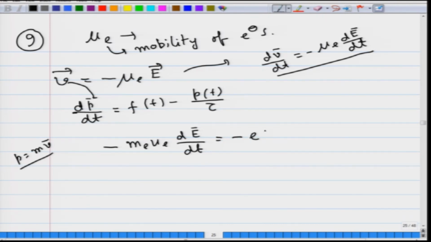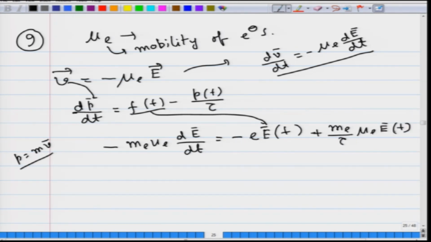So minus eE, just the force will be this, and plus m e by tau mu e E. We are just replacing the value of v by this value.